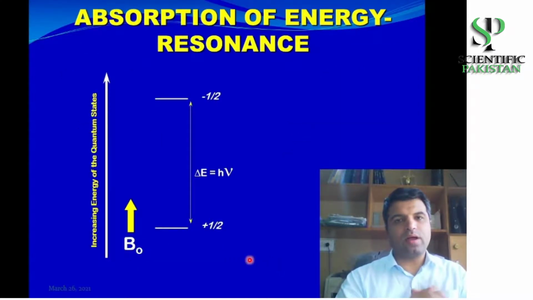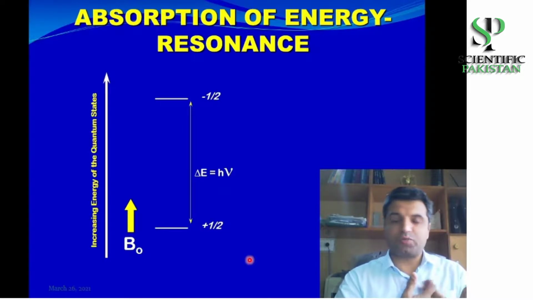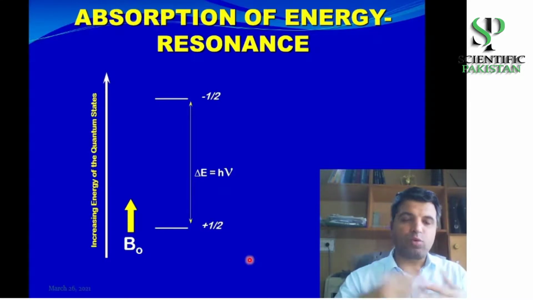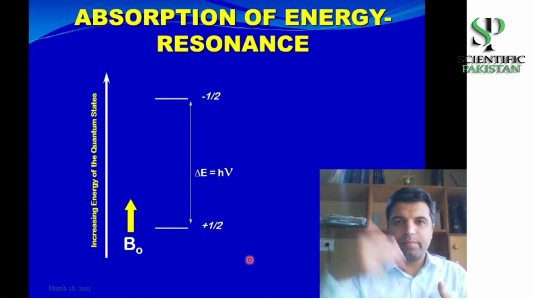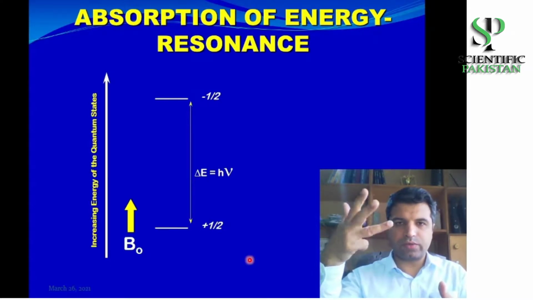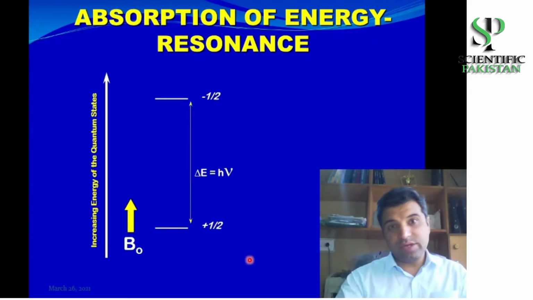Now, if you remember, I told you in the first lecture, in the first slide, when we were trying to define NMR spectroscopy, that we have three words in the name: nuclear, magnetic, resonance. So we have the nucleus. What type of nuclei can be studied in NMR? What is the behavior of these nuclei under the influence of a magnetic field?